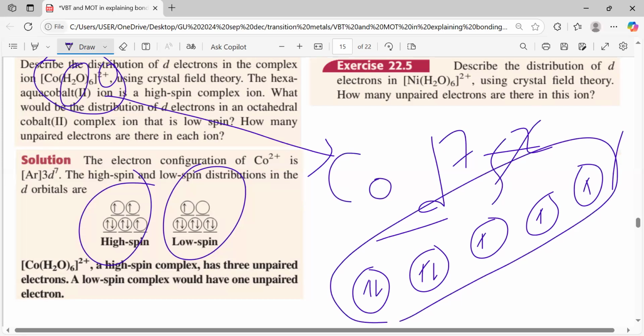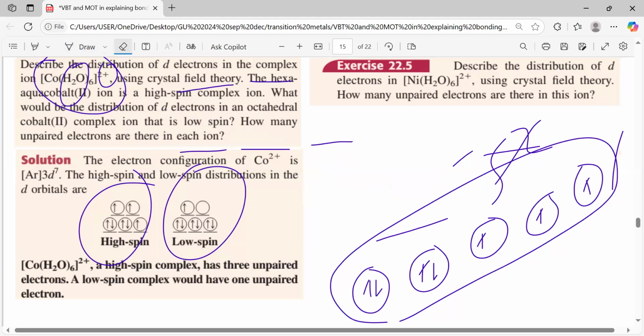Now, let us see how we can put in the splitting. Remember, it's octahedral, and we have seen how octahedral orbitals split: 1, 2, 3 down here, and 2 up there. So we first of all say, what if it is low spin? If it's low spin, it means we pair up first. We do the usual rules that we learned in first year: 1, 2, 3.